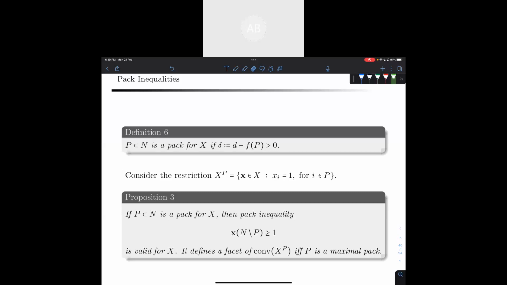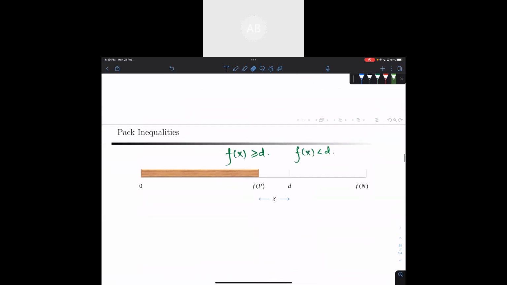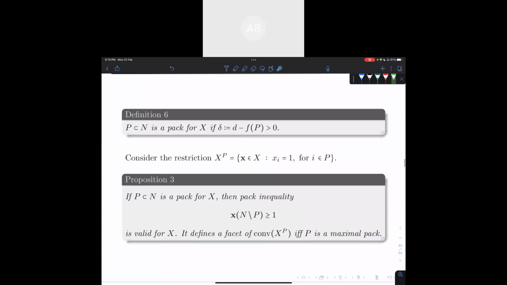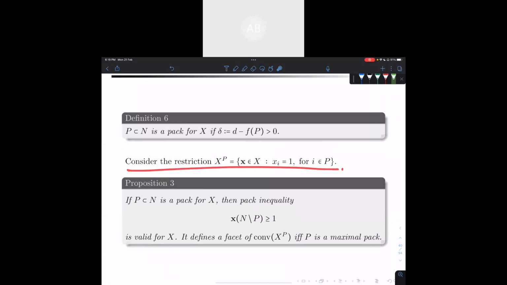So consider a subset of N a pack if f of P is less than d, as we have described here. If indeed this is satisfied, then we have an infeasible solution. And if you consider a restriction such that you project the set on xi equal to 1 for all i's that are in the pack, then at least one element that is not in the pack should be included.